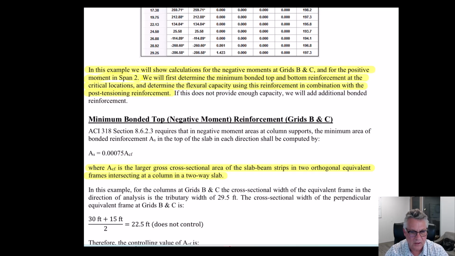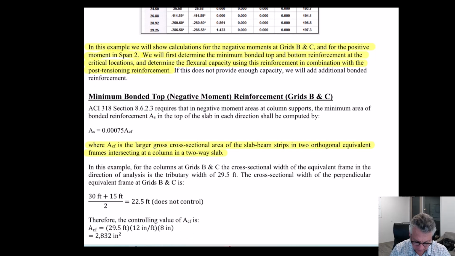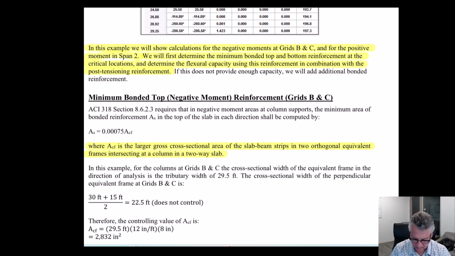We have something entirely different here. We have a minimum area of steel of 0.00075 times A_cf. Now let's be careful here. A_cf is the larger gross cross-sectional area of slab-beam strips in two orthogonal equivalent frames intersecting at the slab. Let's say that again. It's the larger of the two intersecting equivalent frames.